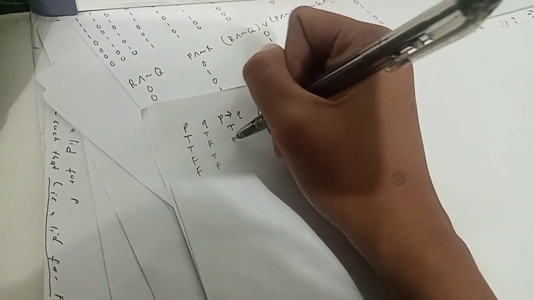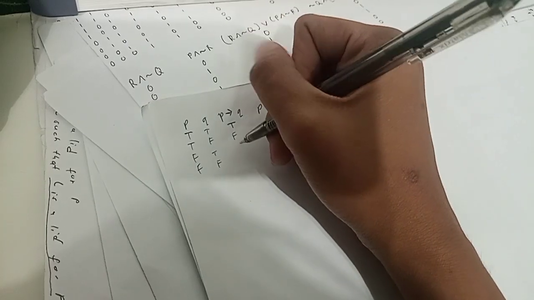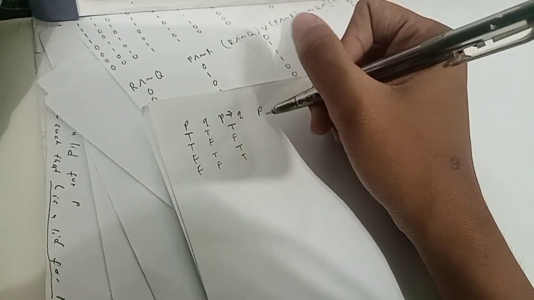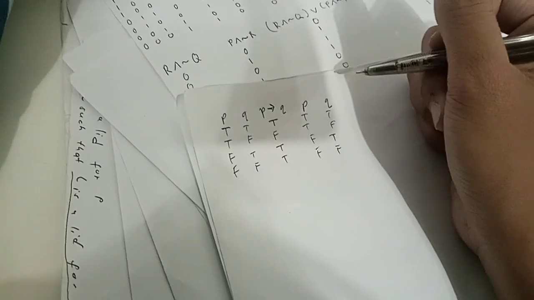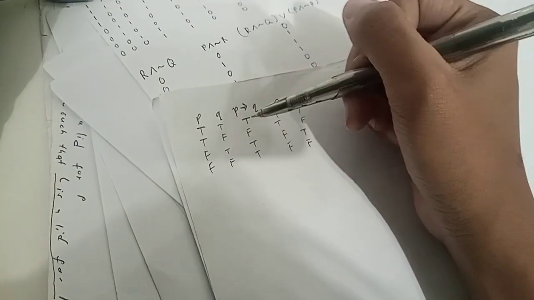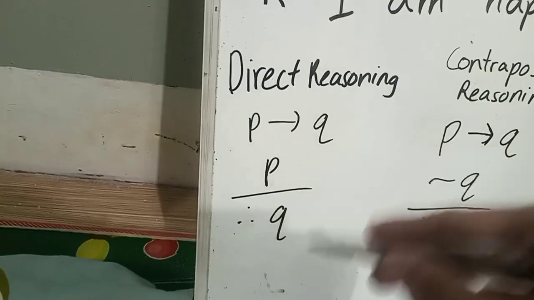Next, if P then Q, the reasoning will only be false if the first one is true and the second one is false. Otherwise this is true. So this is false and the others are true. Let's copy P and Q since it's already given.